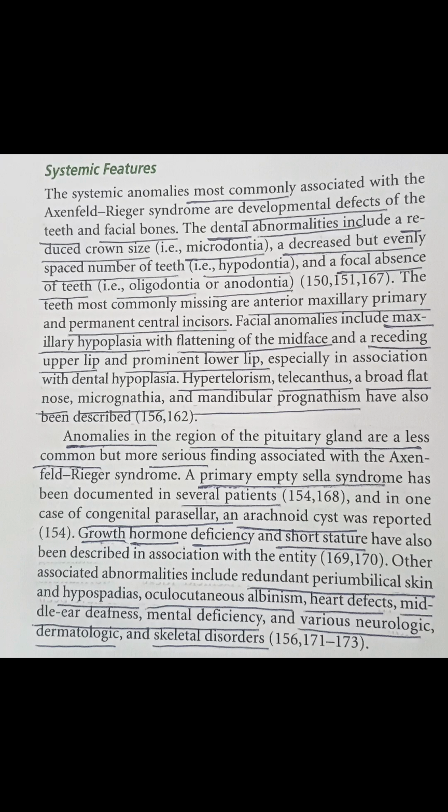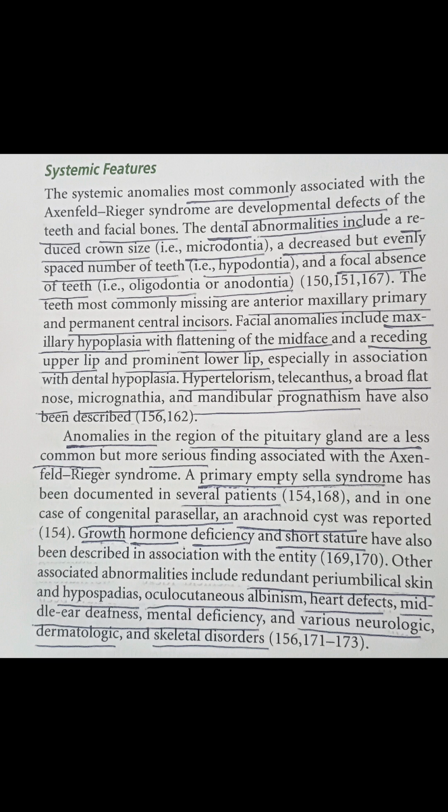Systemic features. The systemic anomalies most commonly associated with Axenfeld-Rieger syndrome are developmental defects of the teeth and facial bones. The dental abnormalities include a reduced crown size, that is microdontia, a decreased but evenly spaced number of teeth, that is hypodontia, and a focal absence of teeth, that is oligodontia or anodontia. The teeth most commonly missing are anterior maxillary primary and permanent central incisors.